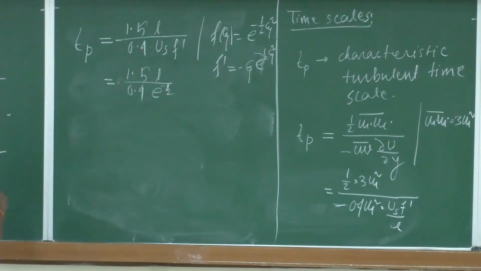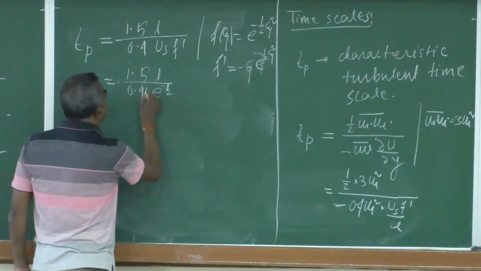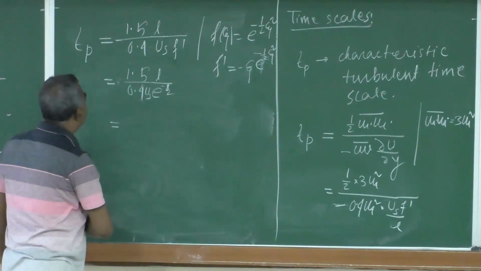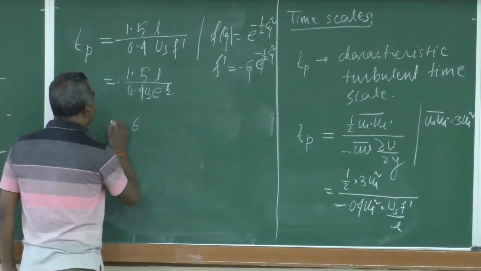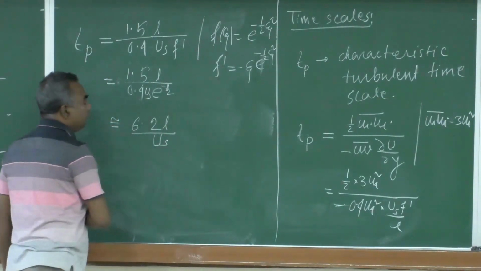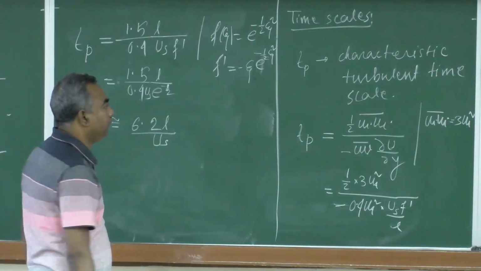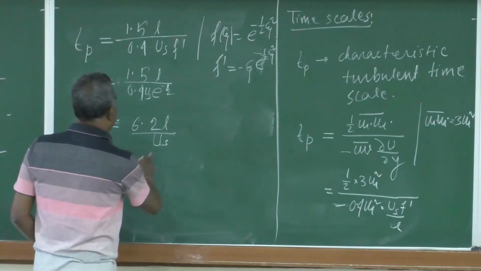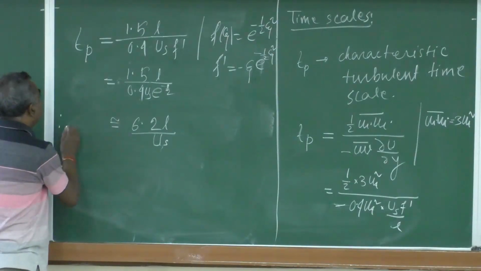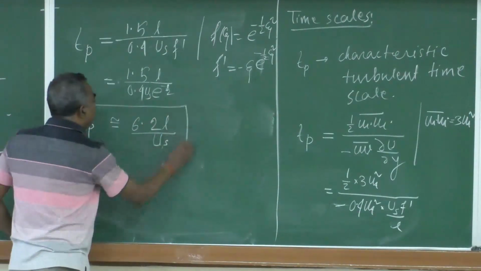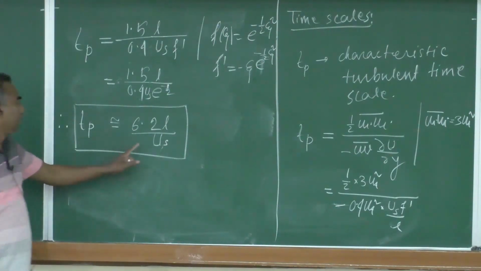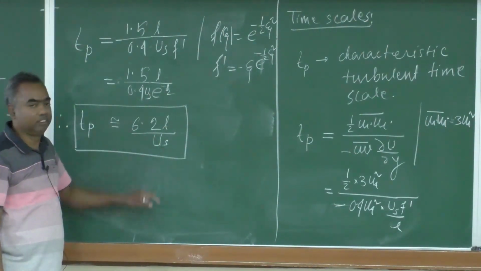That is the maximum value of f prime into u s, right. So, this particular value is going to be approximately 6.2 L by u s. Okay. So, the value of this is going to be 6.2 L by u s. So, the time scale of turbulence in terms of L and u s is this.